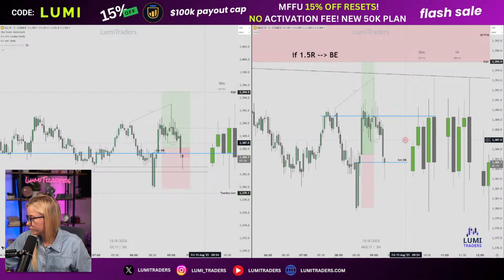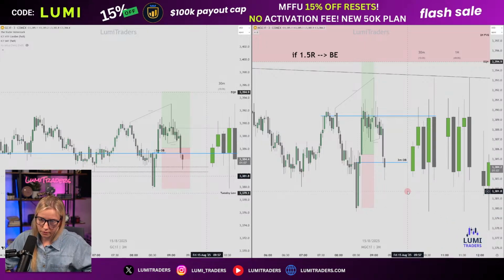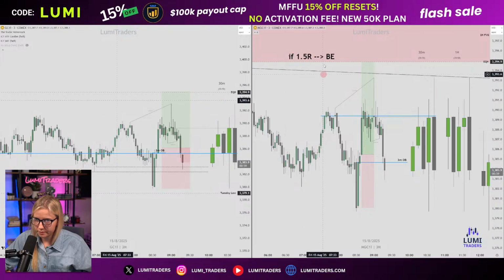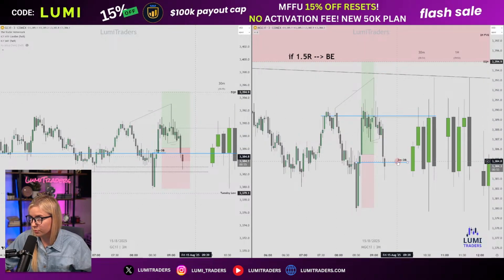Okay. We look for the entry now. It must be break even at any point. We got exactly 1.5R.